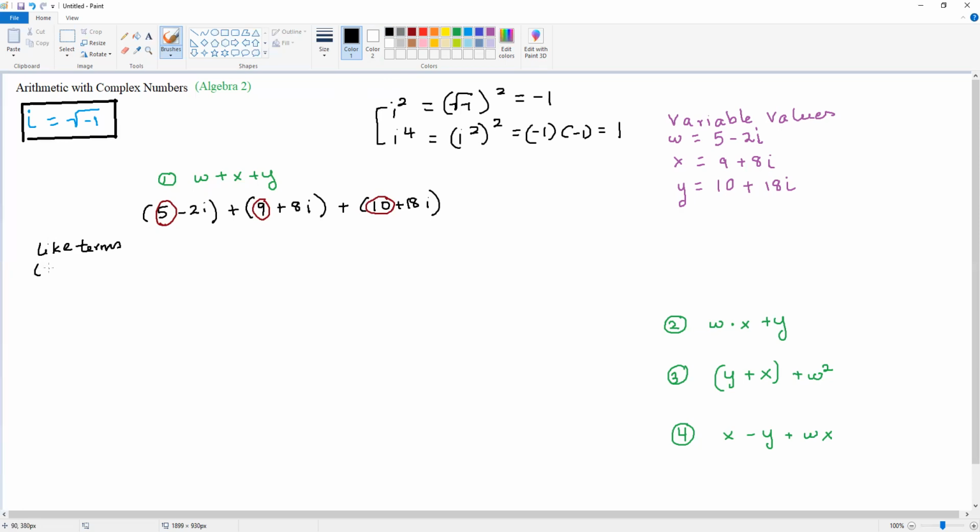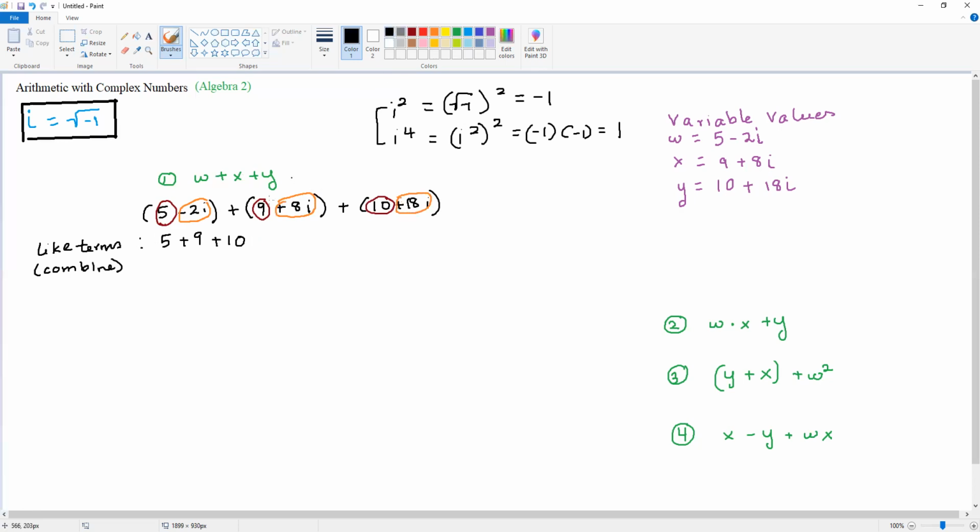What we're going to do is 5 plus 9 plus 10. And to combine the remaining, we're going to do negative 2i, always include the sign, positive 8i, and positive 18i.